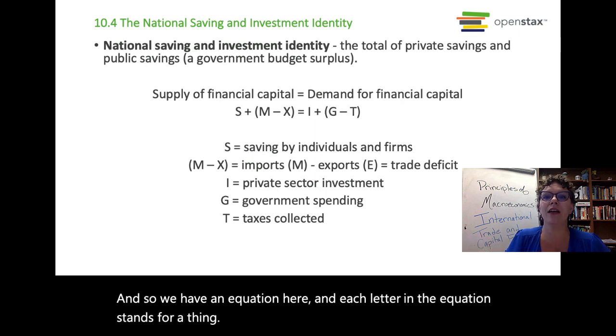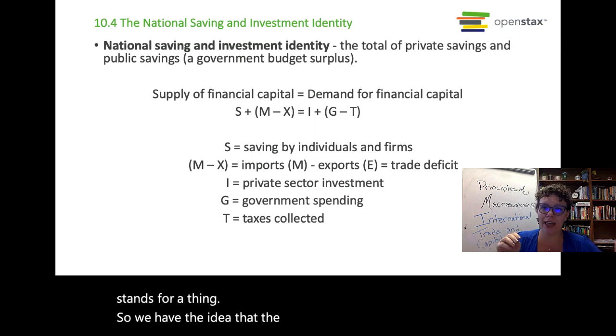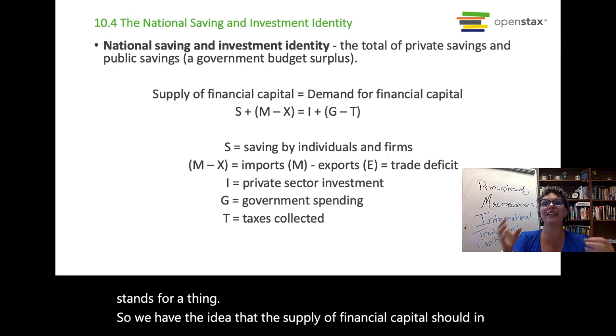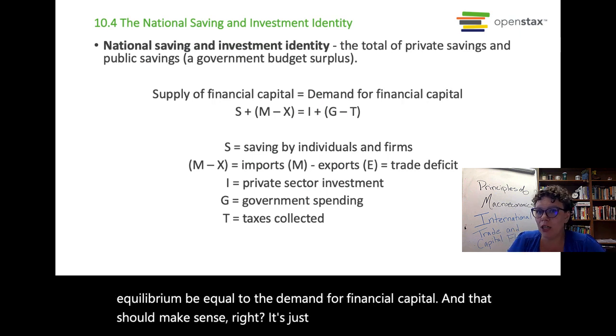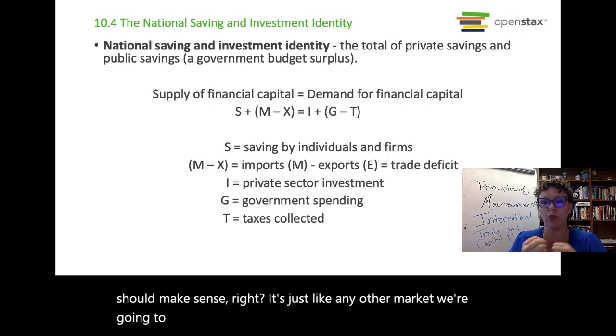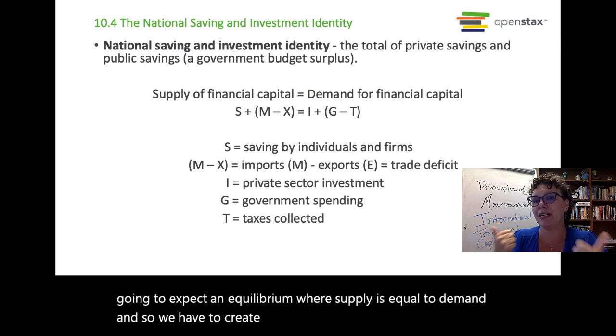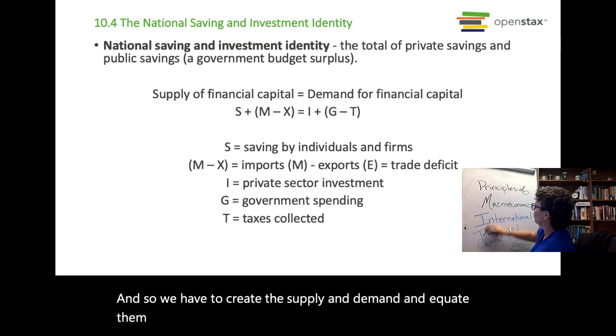So we have the idea that the supply of financial capital should, in equilibrium, be equal to the demand for financial capital. And that should make sense, right? It's just like any other market. We're going to expect an equilibrium where supply is equal to demand. And so we have to create the supply and demand and equate them for our purposes.